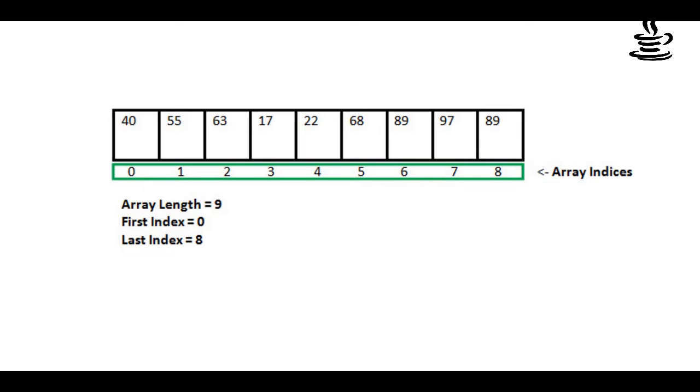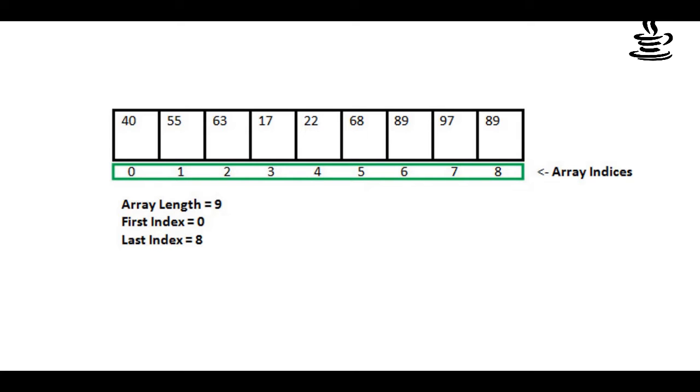Similarly, the third element will be indexed at the second position, the fourth element at the third position, and so on. So in an array, all the elements are stored consecutively in a sequential manner, and each element is indexed at a particular position, where the first element is indexed at the 0th position.